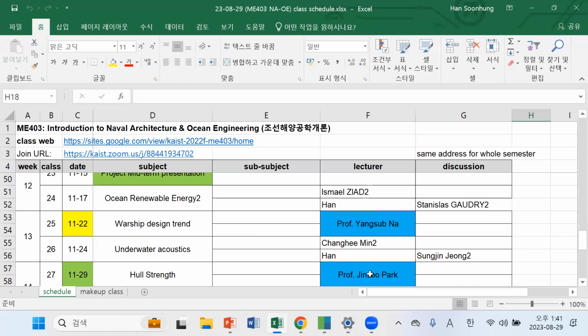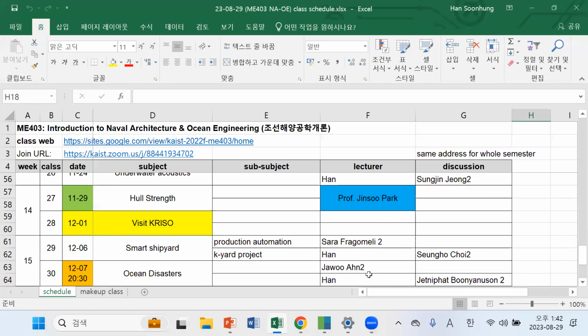And also Professor Park has a long experience in Hyundai Heavy Industry, the shipbuilding company. He was a specialist in structural strength of ships, so he will give a special lecture. Last year he did, but I'll try to invite him again.